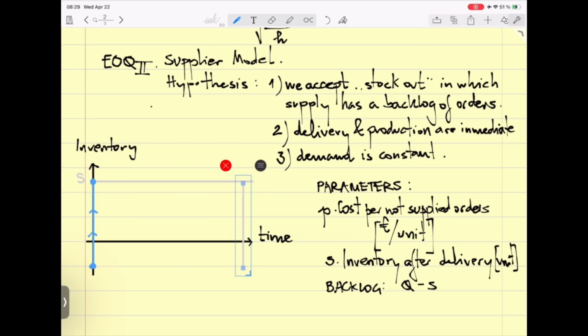This is Q. So Q minus S is the backlog. This is Q minus S. This is the backlog.